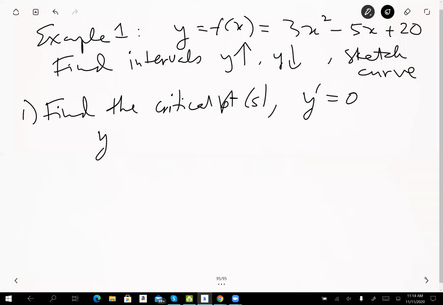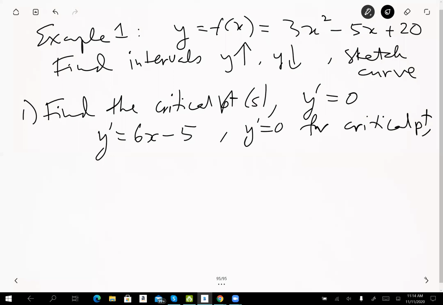I get y prime equal to 6x minus 5. Now set y prime equal to 0 for the critical point. That means 6x minus 5 equal to 0, so x equal to 5 over 6.